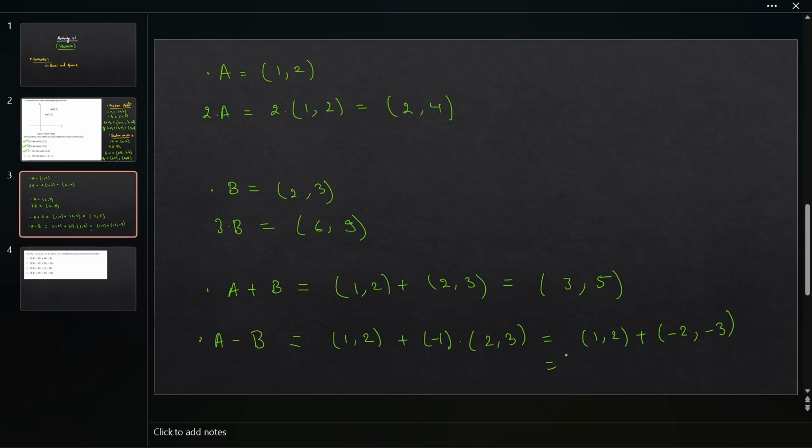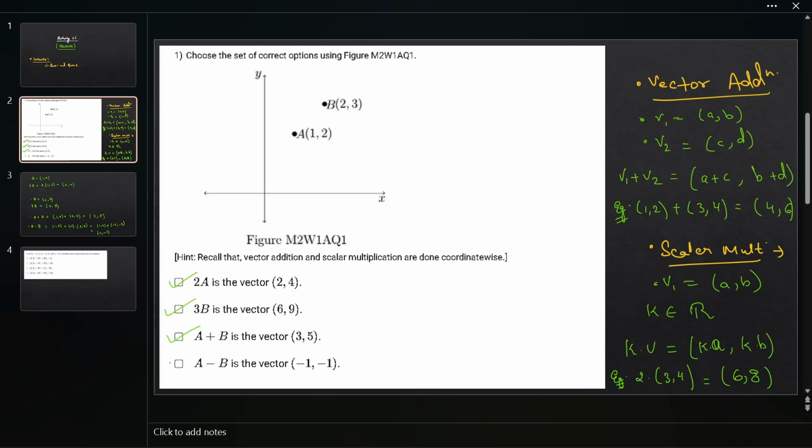So a minus b is 1 minus 2, that is minus 1, comma 2 minus 3, that is again minus 1. So the value of a minus b is minus 1 comma minus 1. Yes, this is also correct. So in question 1, all 4 options are correct.